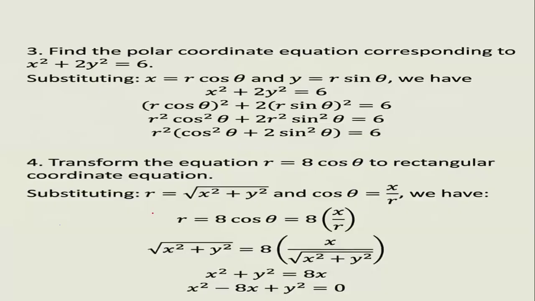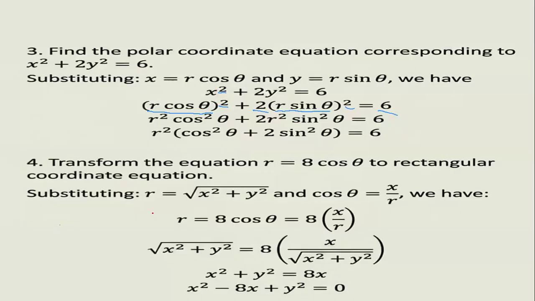So now we use our equation and replace x with r cos theta, and we bring down our square, so we square that. Bring down our 2, replace y with r sine theta, square that, and set it equal to 6.